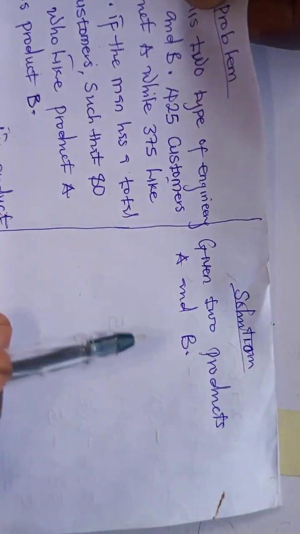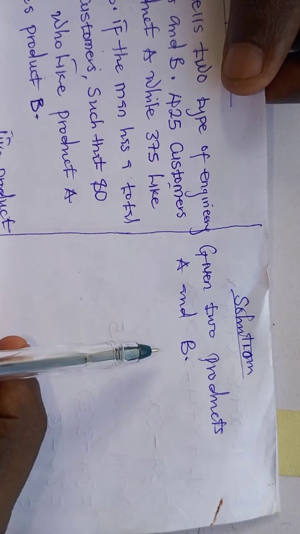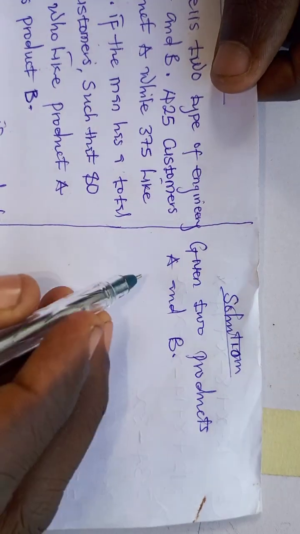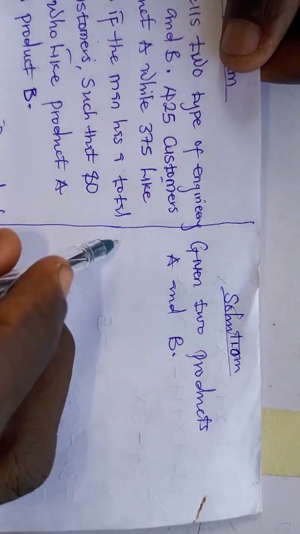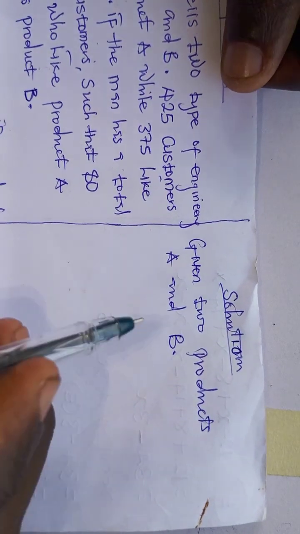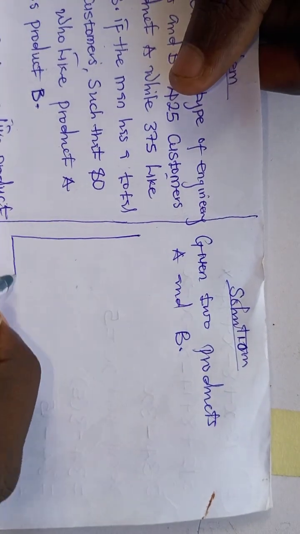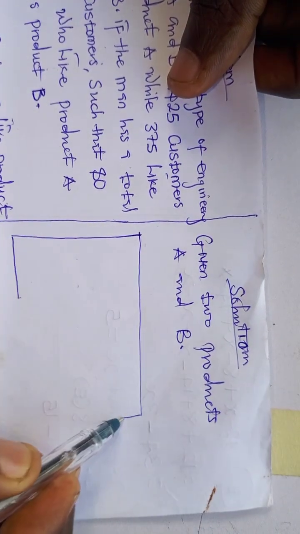We'll have the first set be A and the second set be B. So we are going to analyze this problem by drawing the Venn diagram using the information given in manageable bits. This is the Venn diagram of this problem.